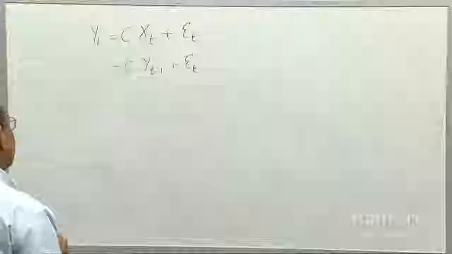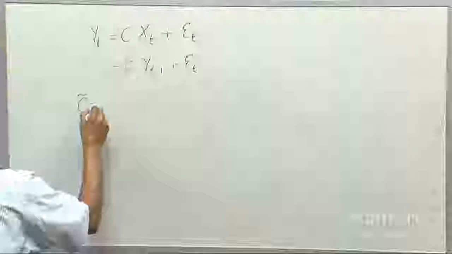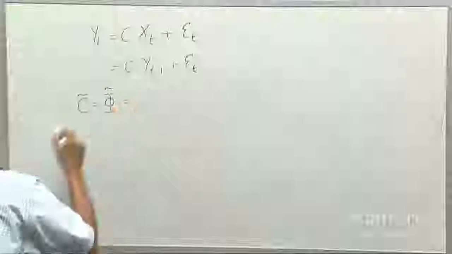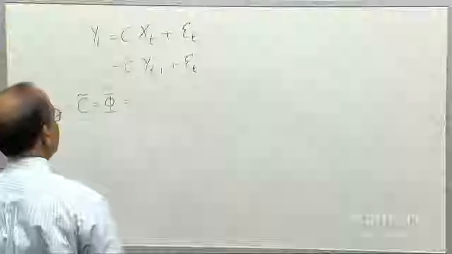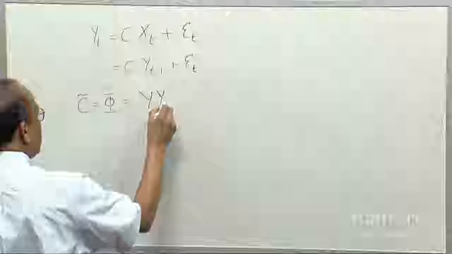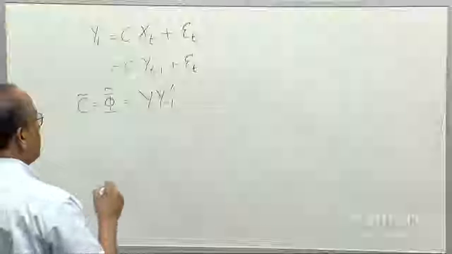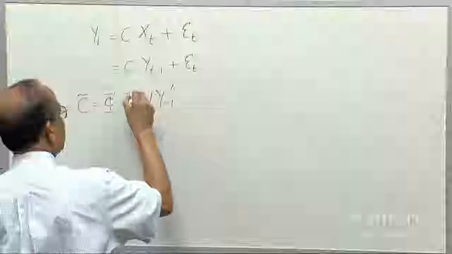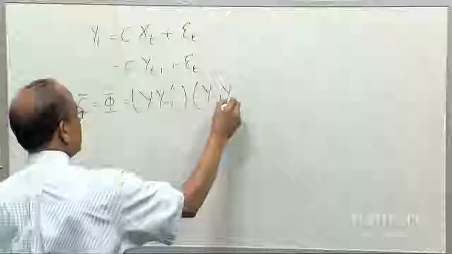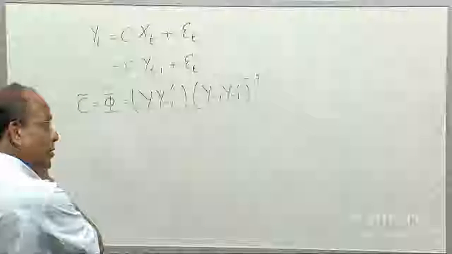The C matrix, which we also denoted by pi matrix, is given as y x prime. In this case it is the y matrix and the y minus 1 matrix, which is just lagging it, times y minus 1, y minus 1 prime inverse. That is the matrix we are going to use.